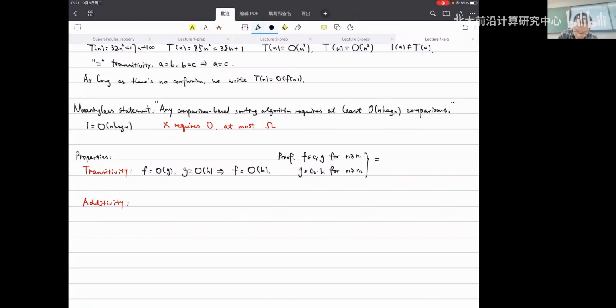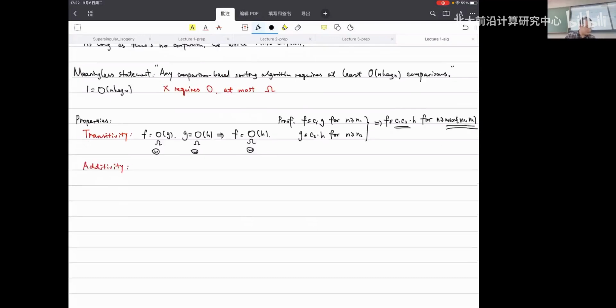Then these two imply that F is smaller than C1 C2 times H for n larger than the max of n1 and n2. This is a constant, and of course the max of two constants is still a constant. So this implies the transitivity here. And of course, you can replace this by omega or theta.